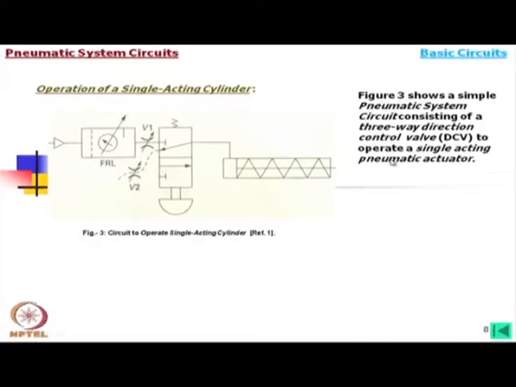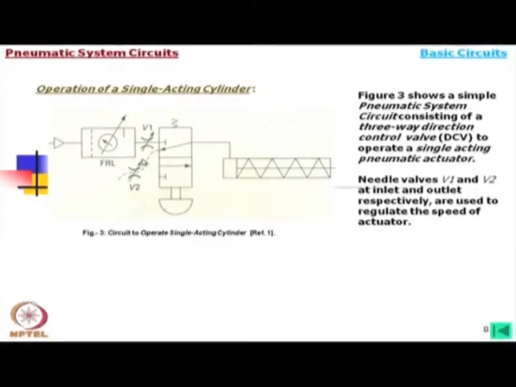Now, again we find that there are 2 valves. The name is needle valves. Basically, this is a throttle valve which is controlling the flow. Needle means there is a small needle and orifice which controls the area, and this is usually screw type, not push button type. You can simply rotate it to reduce the orifice size, and in turn it gives flow control.